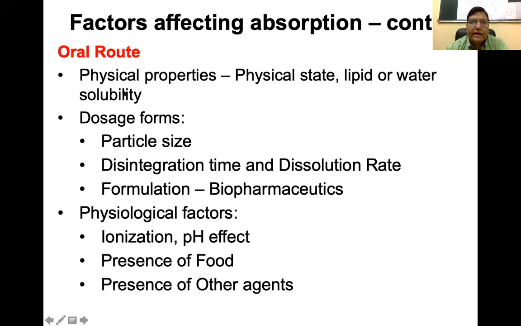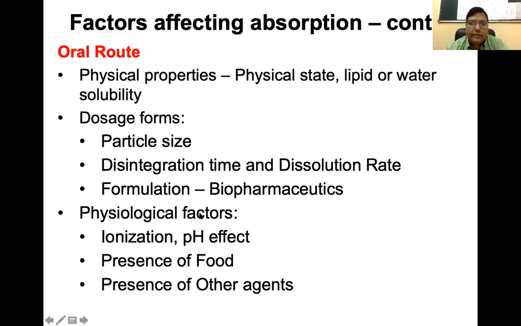And when we are giving a drug orally, what are the factors? Physical state, lipid solubility, and then the particle size of the drug, and disintegration and dissolution time. The less the disintegration and dissolution time, the faster the absorption. Then the formulation: whether it is a slow release preparation or a quick release preparation, the absorption depends on that.